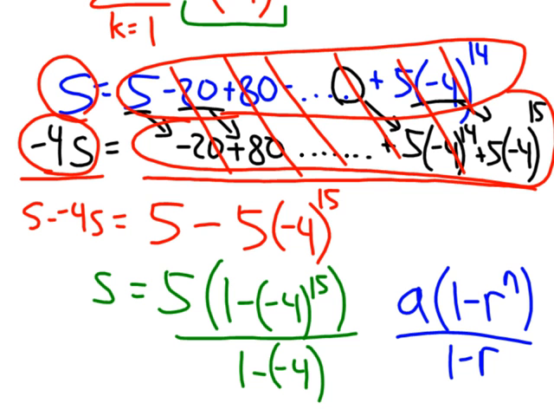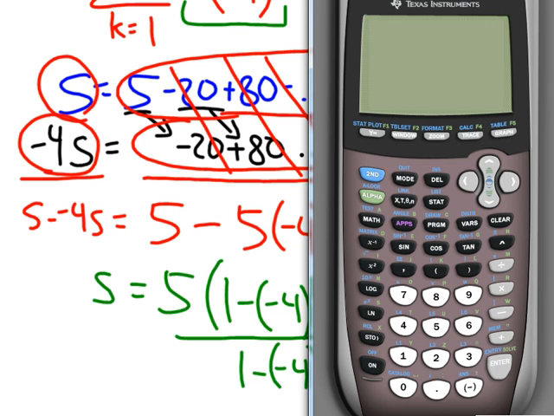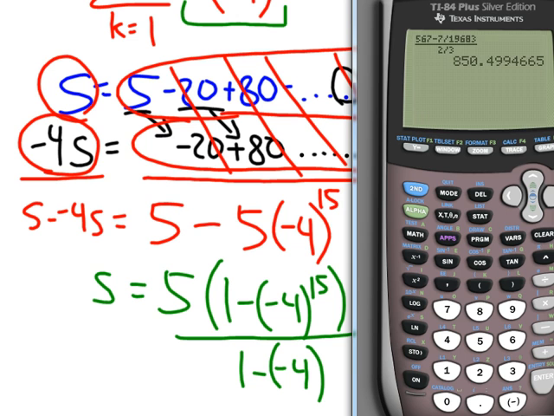All right, so grab the calculator, and let's calculate that. I'll do the fraction. 5 times 1 minus, be careful again with the negatives. I'll do negative 4 in parentheses raised to the 15th power.